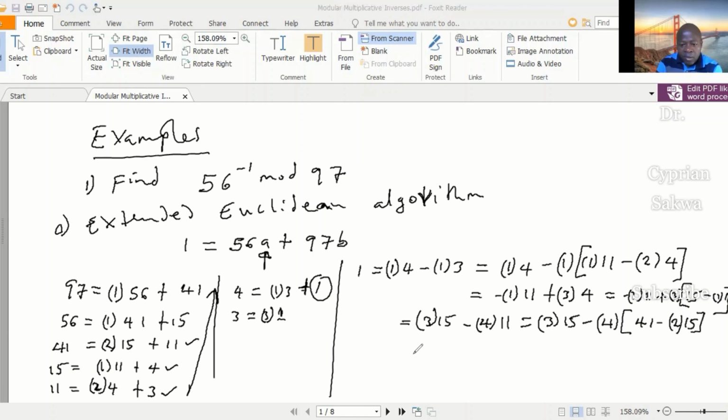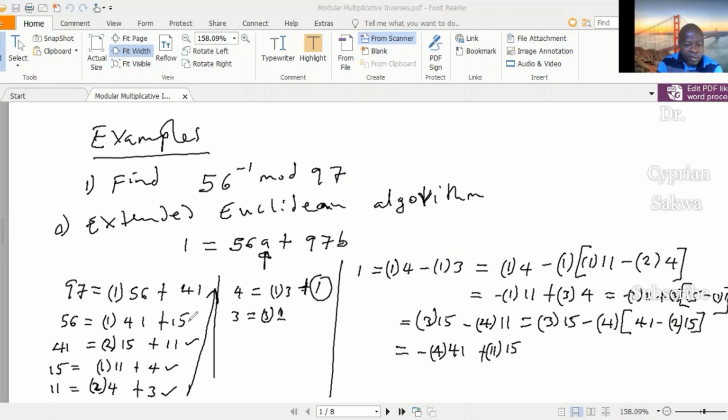Now let's open this bracket, therefore. Let me begin with negative 4 multiplied by 41. And then negative 4 multiplied by negative 2 will be positive 8. Positive 8 plus this 3 will be 11, multiplied by 15.